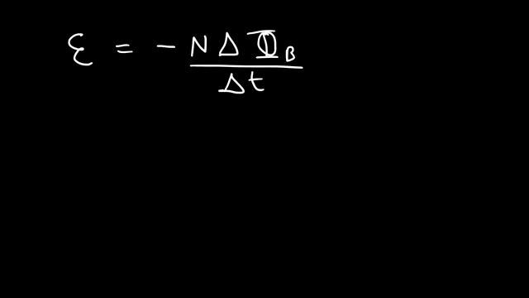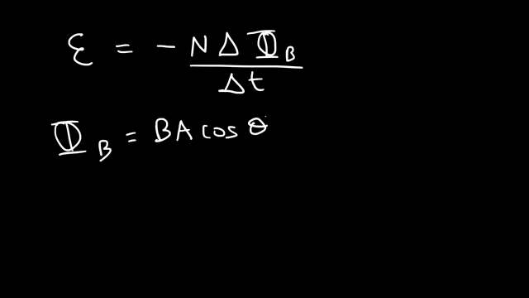A change in magnetic field leads to a change in the magnetic flux, which will give rise to an induced EMF. The magnetic flux is equal to the magnetic field times the area times cosine theta, where theta is between the normal line perpendicular to the face of the coil and the magnetic field itself.